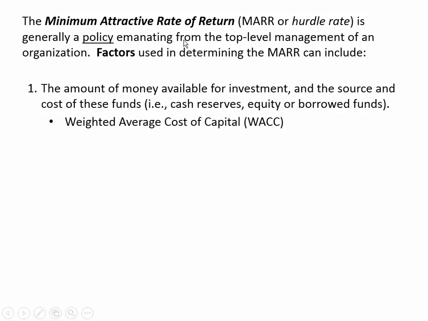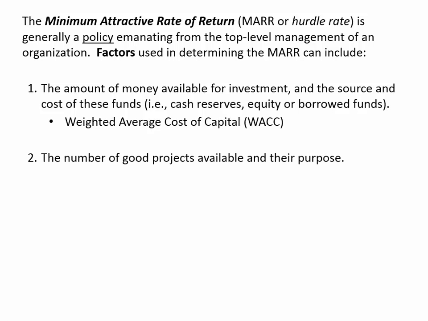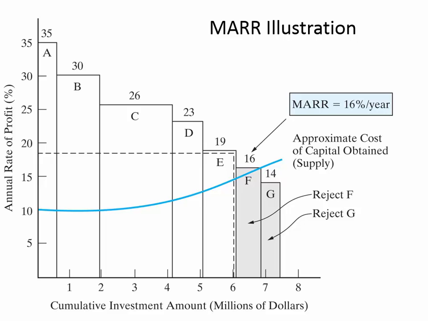But sometimes there's other factors in addition to the amount of money available for investment. That's one of the main ones, but it's not the only one. Sometimes it's related to how many projects they've got. So if we go back to this, if it's only the borrowing, the MARR is 16%.